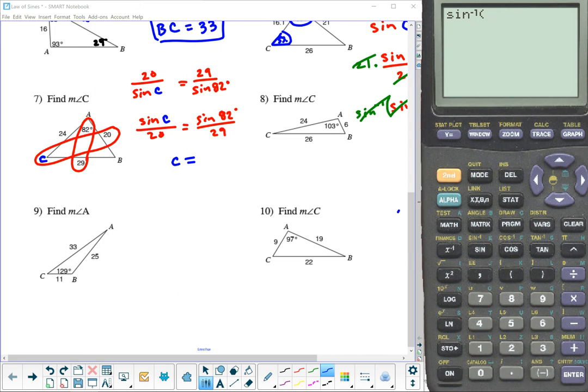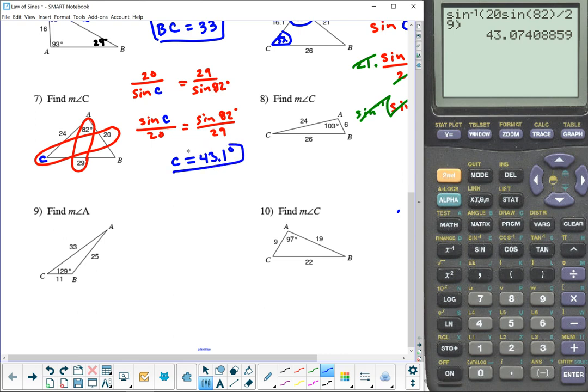So I will have inverse sine of 20 times sine of 82 divided by 29, just like that. I will end up with 43.07. So round to nearest tenth would be 43.1 degrees. Oops, and I forgot degrees on the last one. And this is angle C.